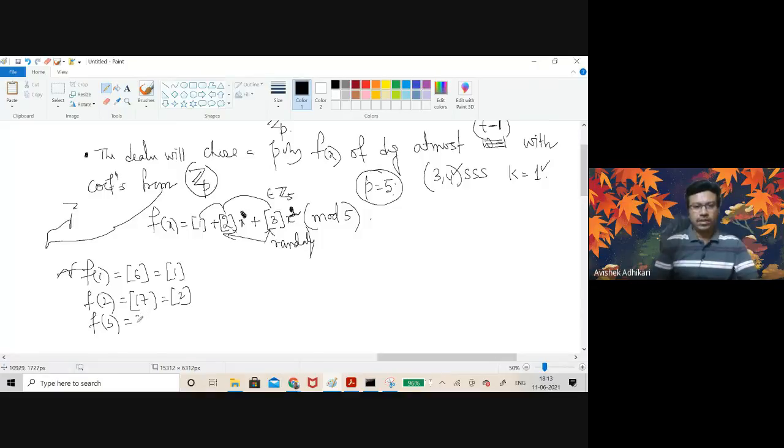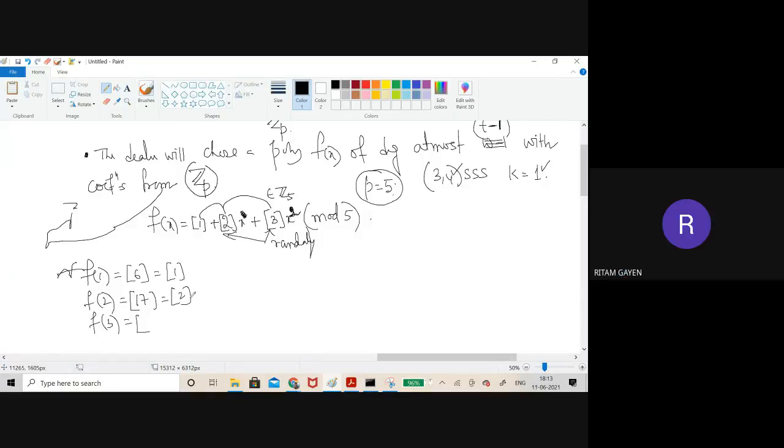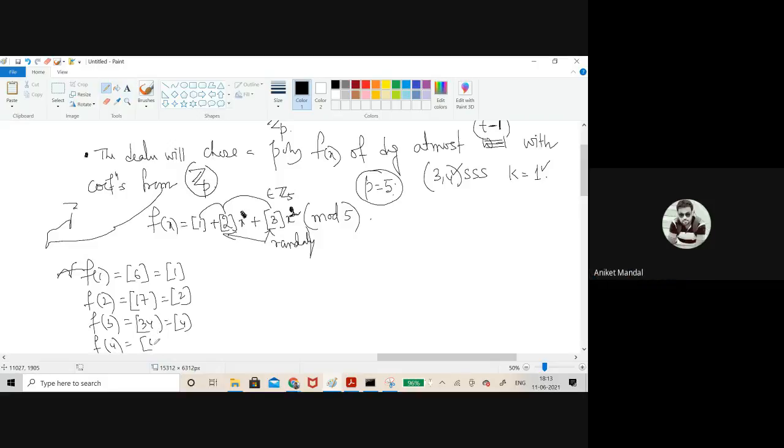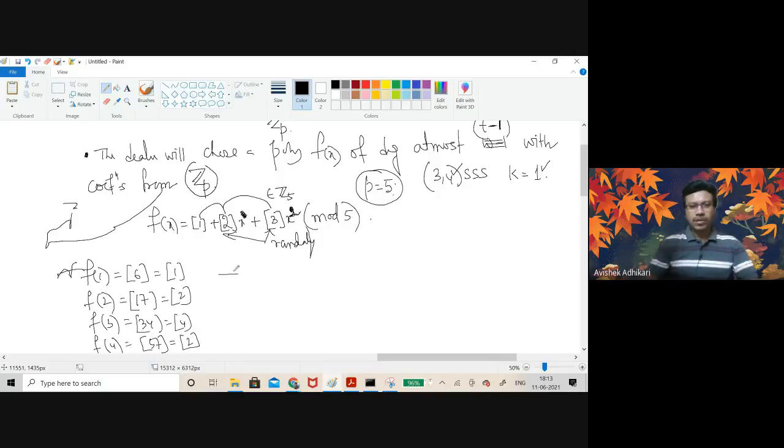F3 was 34, class 4. And F4 was 57, that means class 2. So each of the participants will be given 1, class 1; 2, class 2; 3, class 4; 4, class 2.